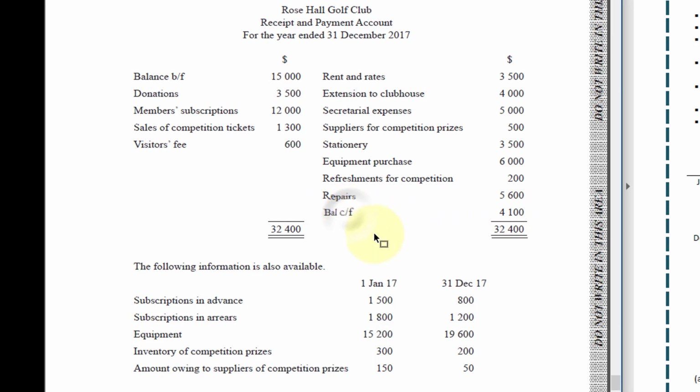Alright, so your closing balance belongs under this heading, whereas your opening balance belongs under the opening balance heading, 1st January. The opening balance of 15,000 belongs with the 1st January 2017 balances. The closing balance of 4,100 belongs with 31st December 2017 balances.